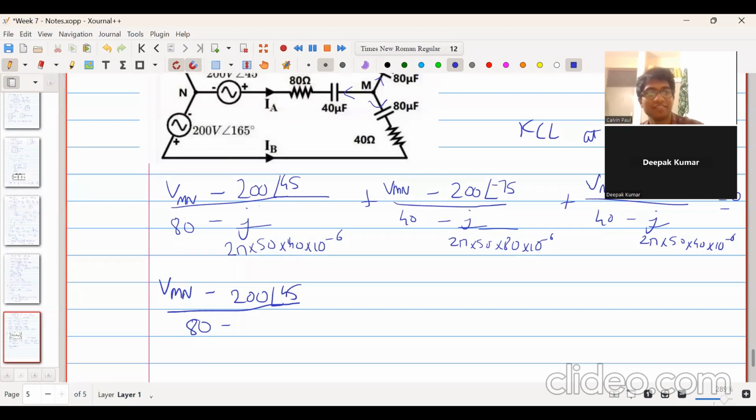Yes, now I did put. Finally. So calculate this value. What will this value be? 2 multiplied by 3.14.